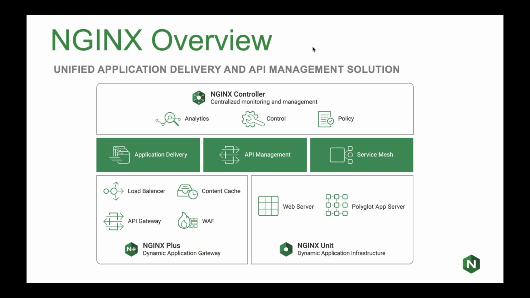This is our commercial offering based on the extremely popular NGINX open source project, where it's used for all sorts of use cases from API gateway to load balancer, web server, content cache, extended with modules such as web application firewalls, and generally runs a good chunk of the internet.